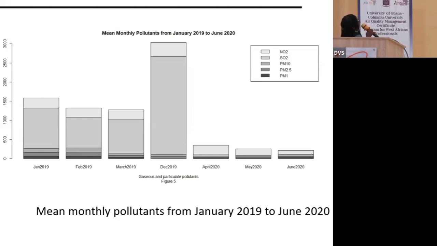So these are the values that we had for January 2019, February, March, and then along the line we didn't measure, then we measured in December 2019, and that was the last we measured before COVID set in. And you can see how high it was, for several reasons. In the dry season, the harmattan season, the dust is so much. So that's what we had.